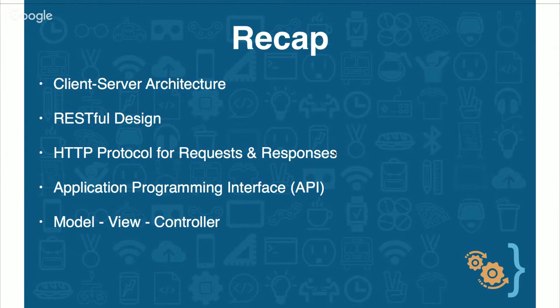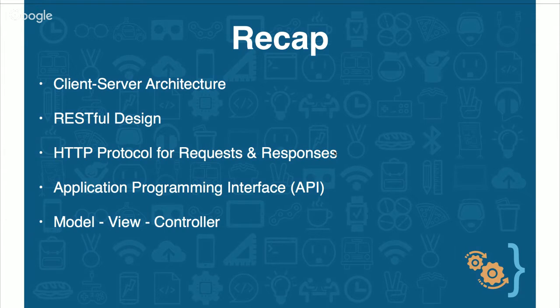We talked about RESTful design, and we gave the example of Instagram, how Instagram models their API, how they talk about comments, pictures, and accessing those resources. We talked about the HTTP protocol that's used for requests and responses in a RESTful API. We talked about the different kinds of verbs we have, like get, post, put, delete, and how we'd use them in our case for building our event API.